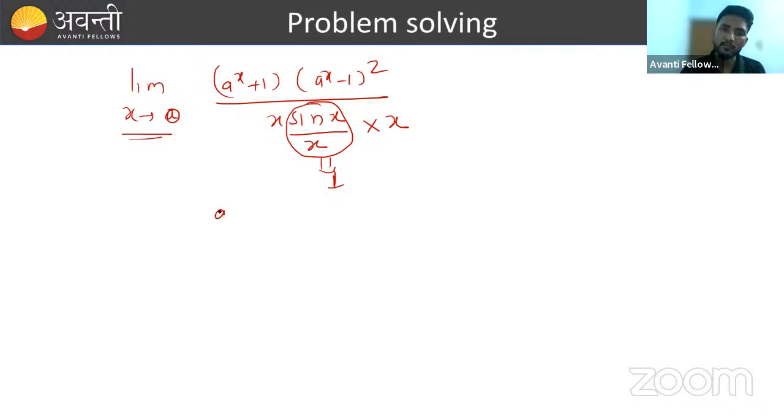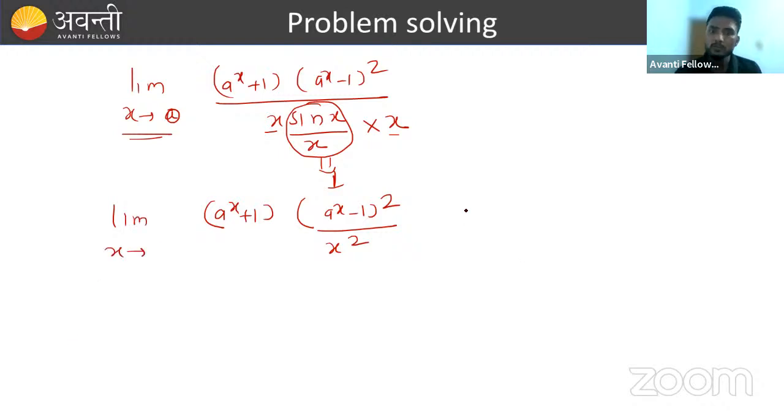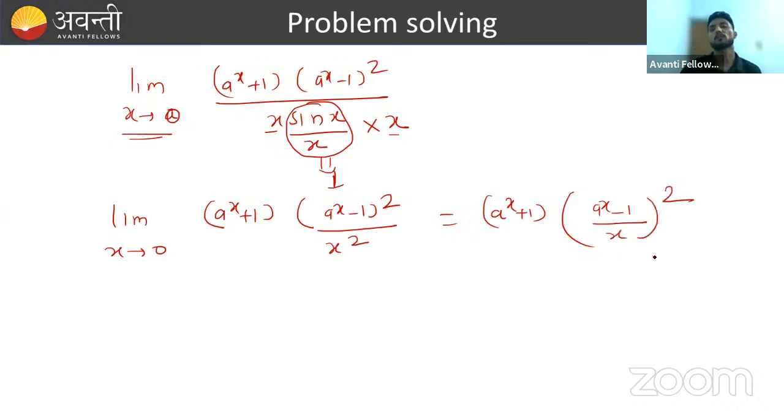Now if you see a to the power x plus 1, and on this side, this is a to the power x minus 1 whole square, and this x is what? x square. Limit x tending to 0. Now if you observe this, this is a to the power x plus 1, and this I can write as (a to the power x minus 1 divided by x) whole square.